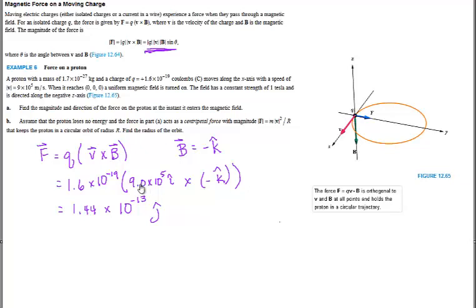This R, they give me the formula for this, rewriting for B, R would be equal to the mass times the magnitude of velocity, the velocity vector squared, times the magnitude of the force vector. That's nice because it's just in that direction, so it is just that number.